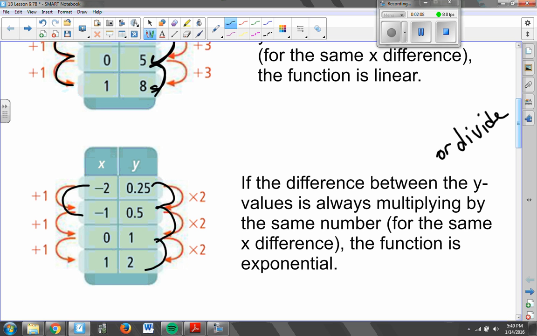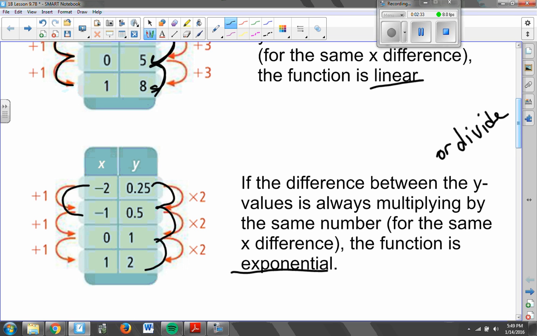So I'm multiplying by 2 every time I change an x value. If the difference between the y values is always multiplying or dividing by the same number, the function is exponential. Okay, so if I'm adding or subtracting, my function is linear. If I am multiplying or dividing, my function is exponential.